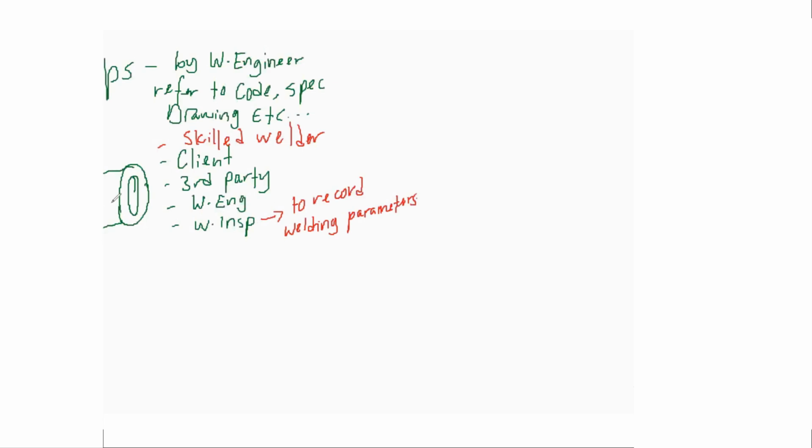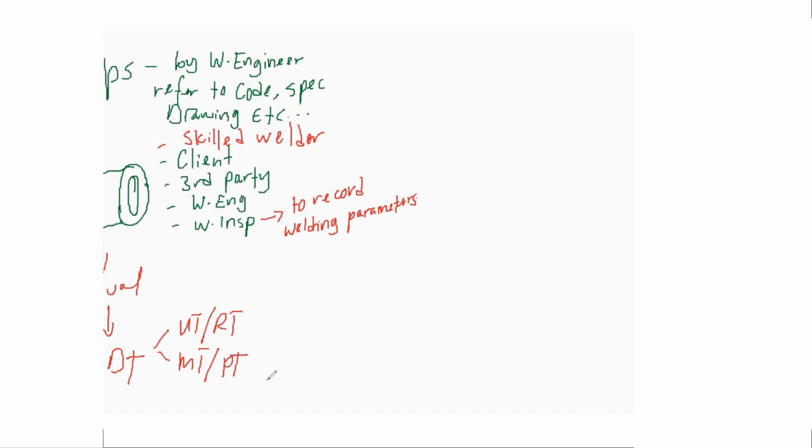When the test coupon is already welded, then visual inspection must be carried out. If the visual is okay, then they send it for NDT. So what is the requirement for NDT here? Refer to the spec. Maybe they ask for UT or RT, or maybe they ask for MT or PT.